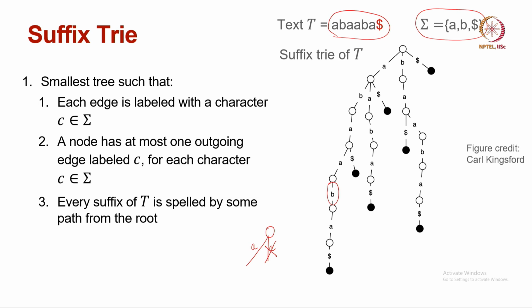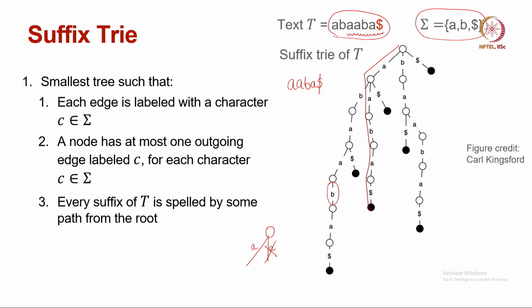The final property is that every suffix of the text T is spelled by some path from the root in this tree. So, for example, if I take any suffix of this text T, let us say A, B, A, dollar, then this can be spelled by a path from the root onwards.